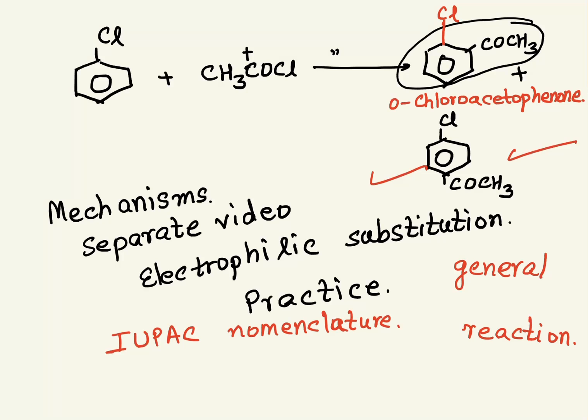Now I'm going to talk about an interesting fact. What happens when one of the electrophiles has already become attached to the benzene ring? So one is already there, there's another one which comes in. How does it affect the behavior of the benzene ring?